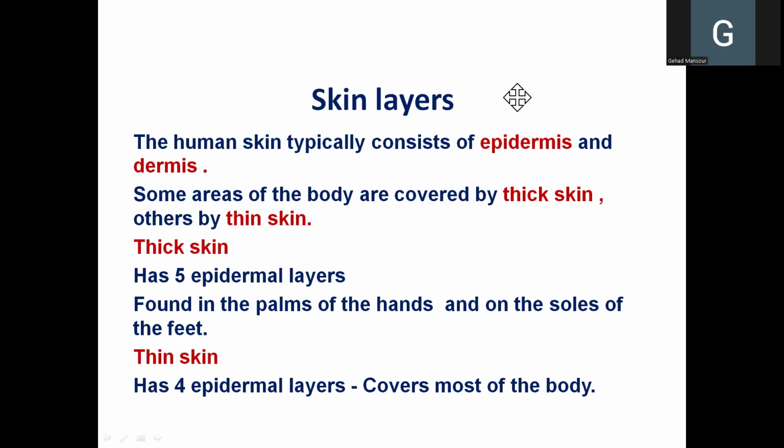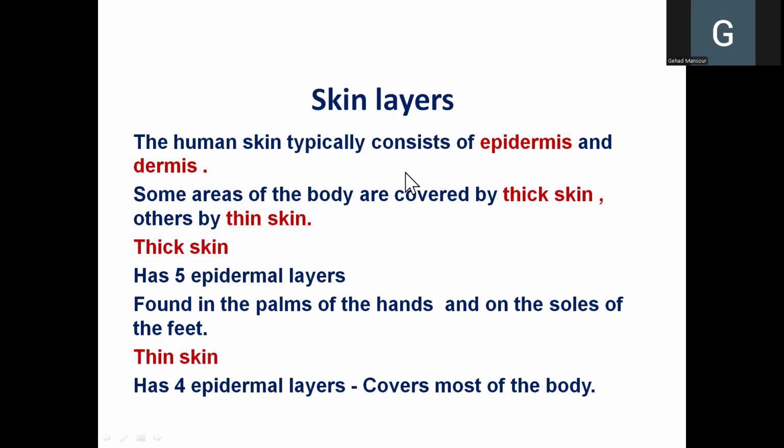Of course, the epidermis is a layer called epidermis, but it consists of several other layers that we will be discussing in this video. The dermis contains very important structures like the blood vessels and the nerves, and we will be discussing them in detail later on.